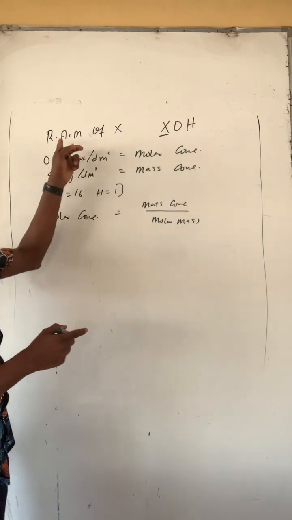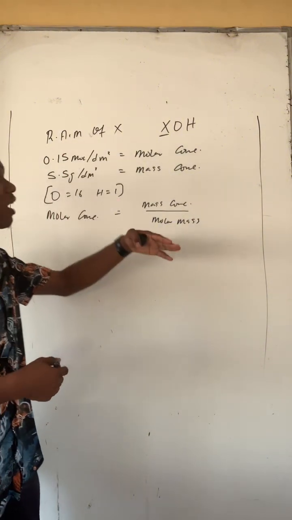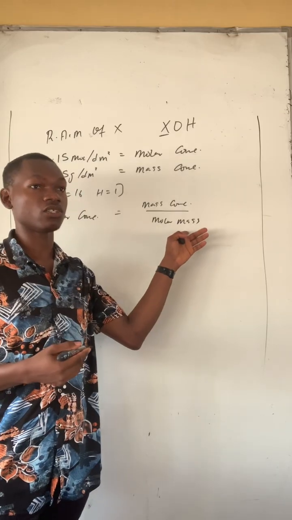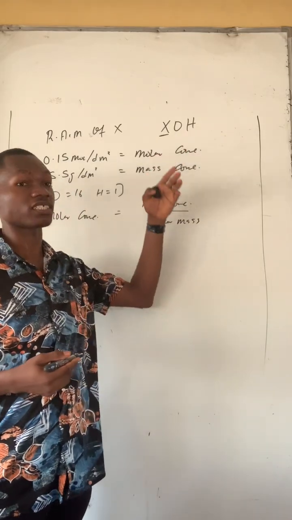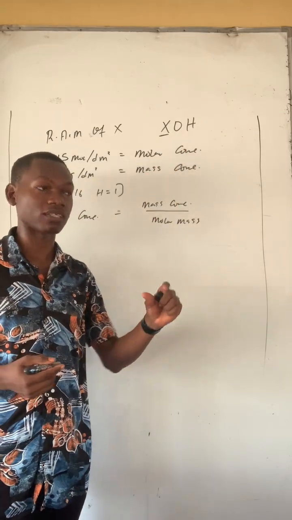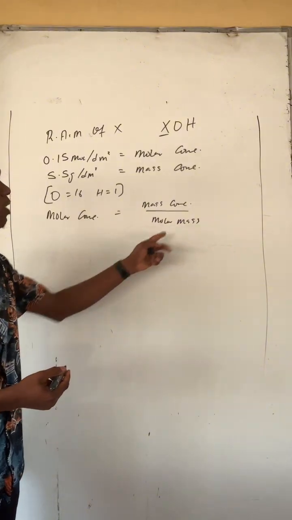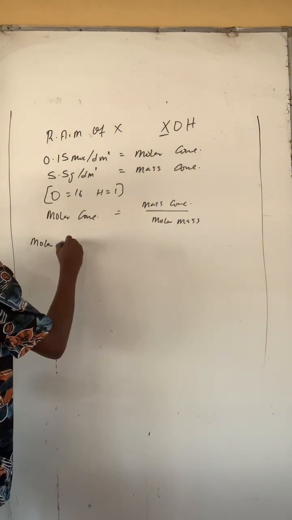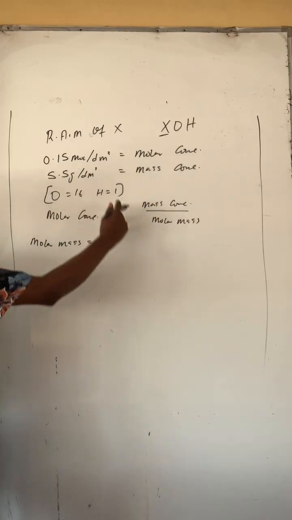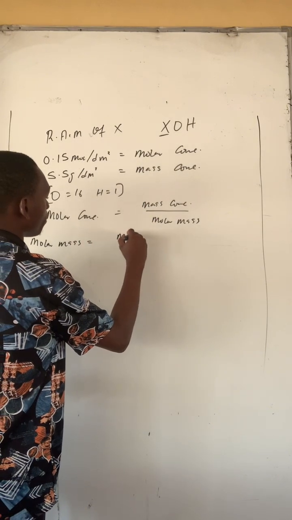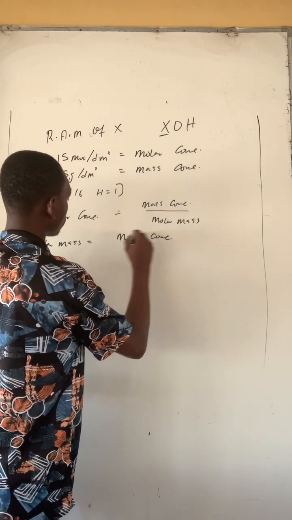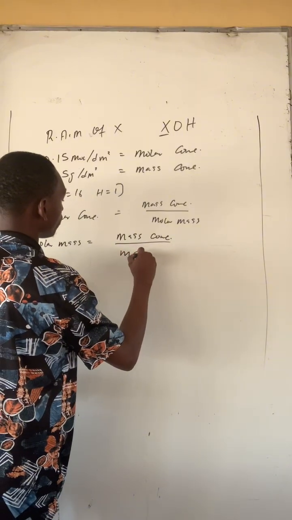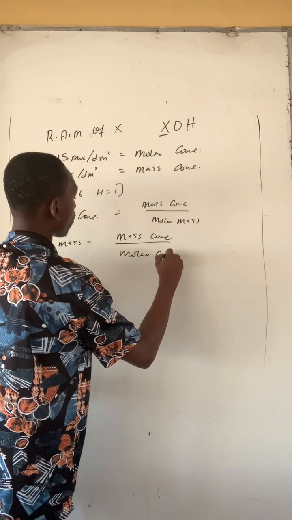Remember, we are asked to find the relative atomic mass, but we have to calculate the molar mass first, then substitute it to get X, the relative atomic mass. Now, how do we make molar mass the subject of the formula? The molar mass will be equal to the mass concentration all over the molar concentration.